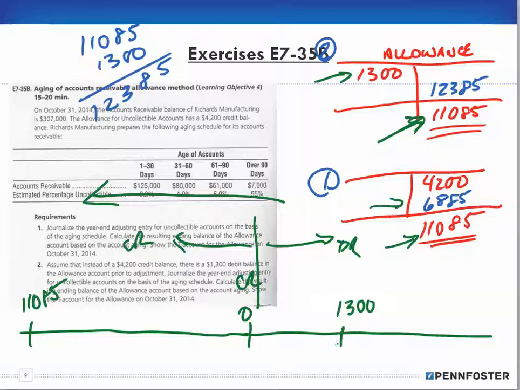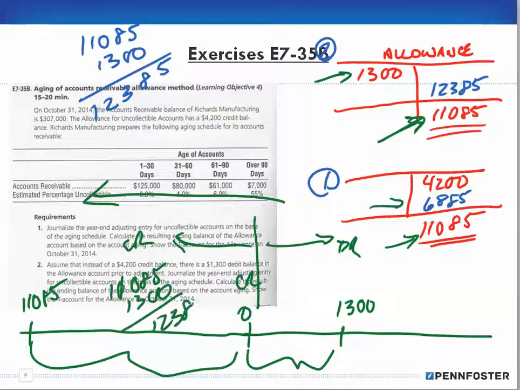What am I going to credit? Well, I have to credit the 1,300 and an additional 11,085. So when I add 11,085 and 1,300, I get 12,385 as a credit because I'm going in this direction. And that's how I ended up with a credit for $12,385. All right.